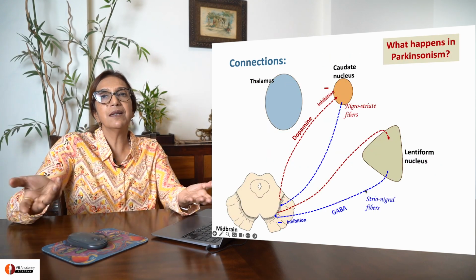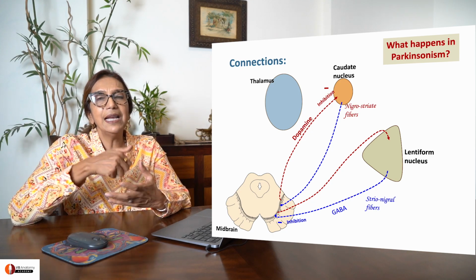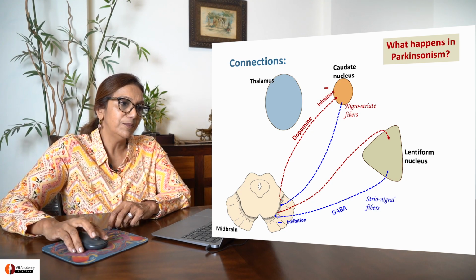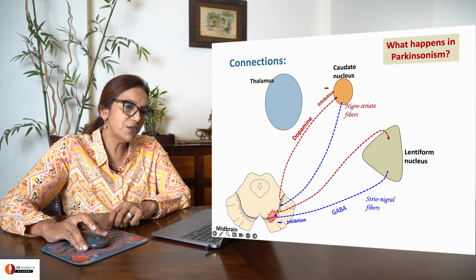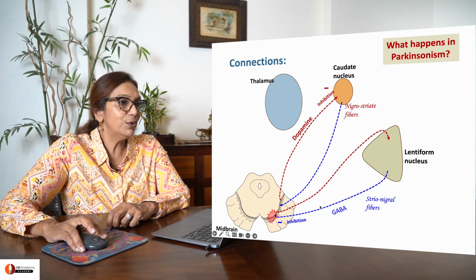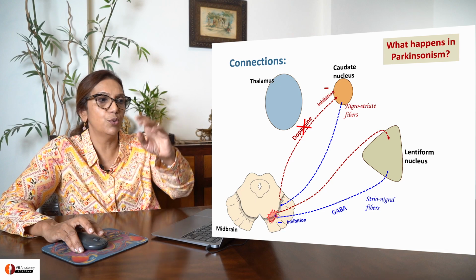So what happens in Parkinsonism? You've seen the circuitry. What exactly happens in Parkinsonism? Let's understand that. You can see that substantia nigra is showing a lesion. So what will happen? These fibers which were carrying dopamine are no longer carrying dopamine.